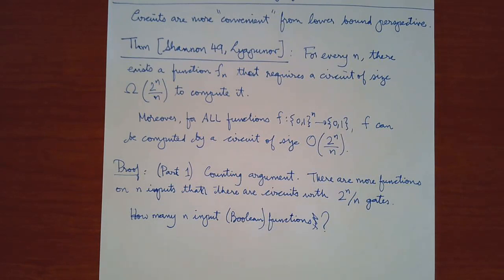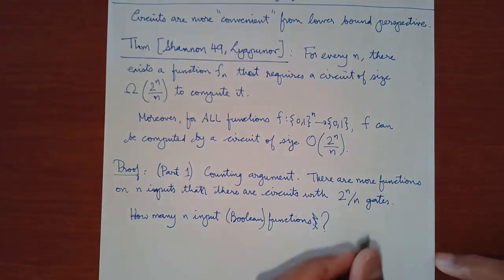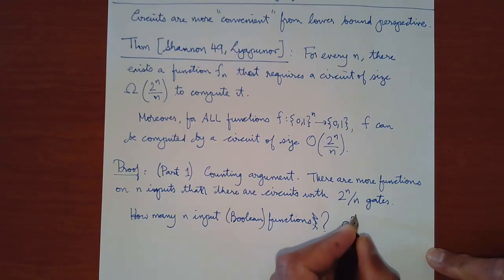Classic bound. For every string, it's either in or not in the language. Yep, so 2 to the 2 to the n, exactly. It's 2 to the 2 to the n.